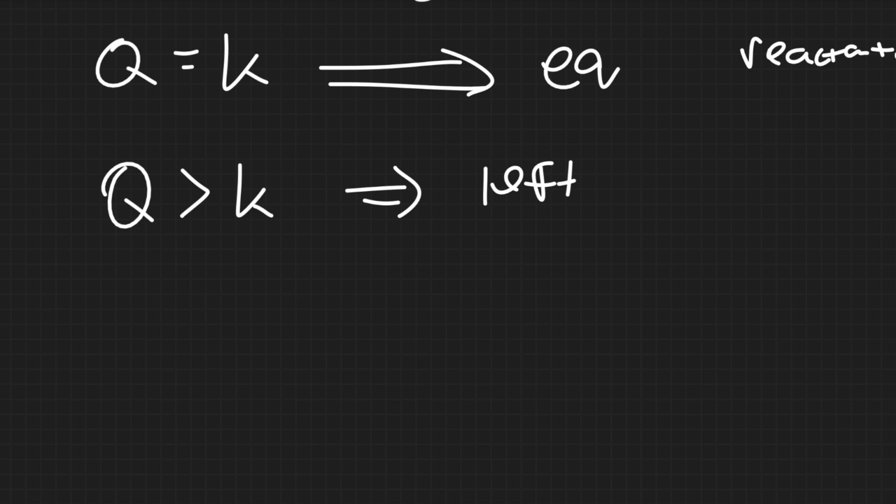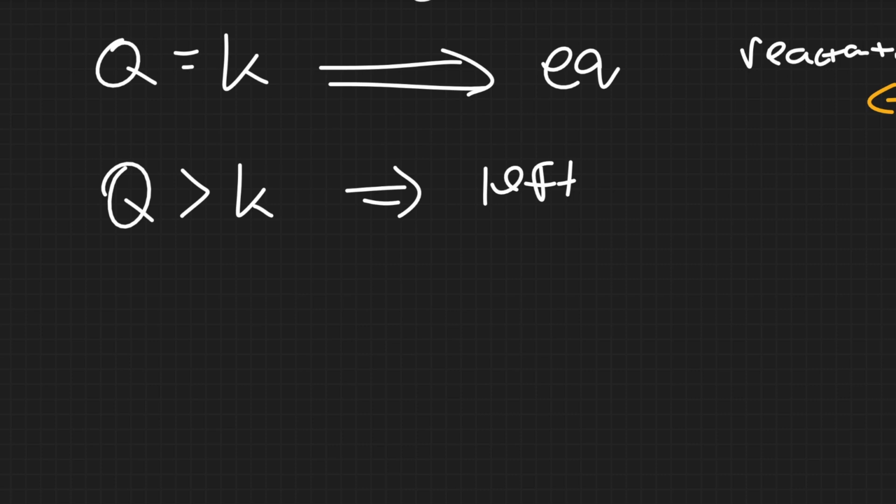If our Q value is greater than our K value, we have more product, because remember K is product over reactant, and so is Q. So in order to get rid of that extra product, we're going to have to shift to the left, going towards the reactants, so that we can get rid of our excess product.